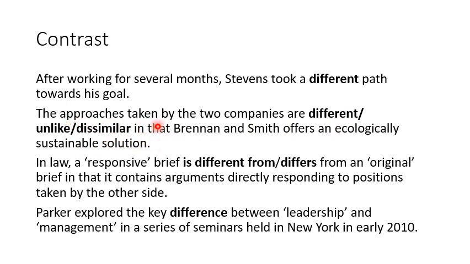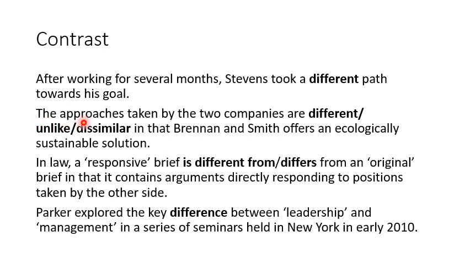The approaches taken by the two companies are different, are dissimilar, are unlike, in that Brannan and Smith offers an ecologically suitable solution. Brannan and Smith is the name of a company. This company offers an ecologically suitable solution.